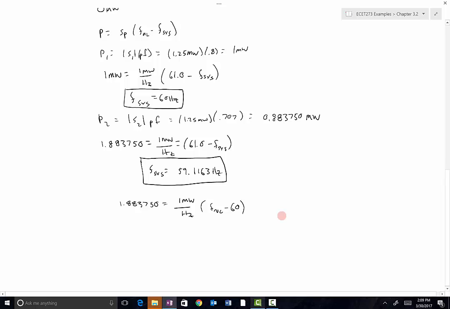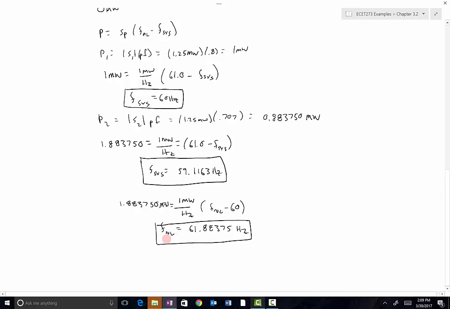So if we divide this, remember this is in megawatts, by megawatts per hertz, we get 1.88375, then we just add 60 to it, so we get F no load equals 61.88375 hertz.